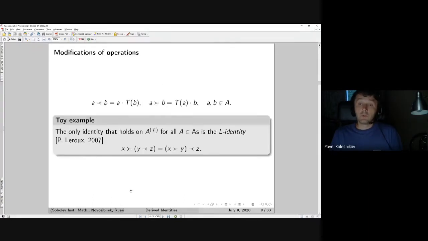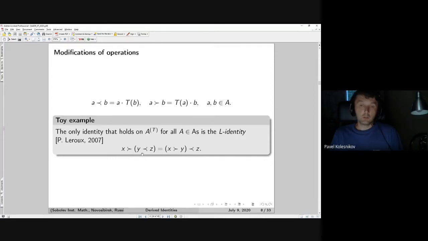A kind of toy example, a very simple one, appears when we consider associative algebras and arbitrary operators T. In fact, it's not hard to show that the only identity that actually holds on such a system, A_T, is the so-called L identity, or central associativity in some sense.